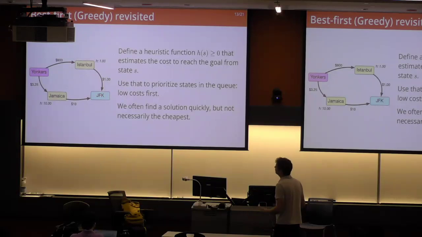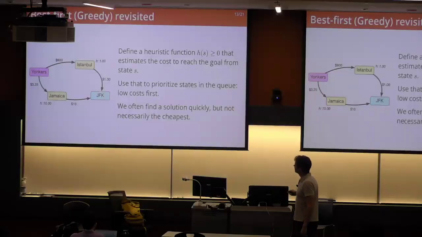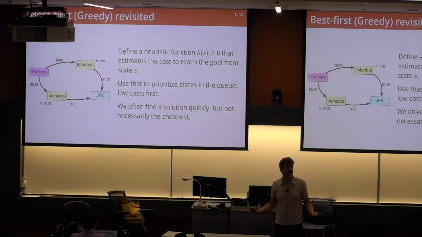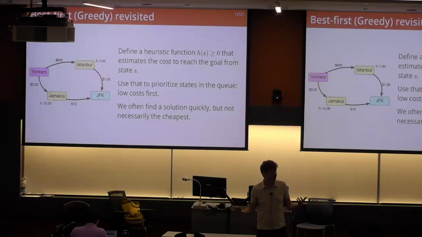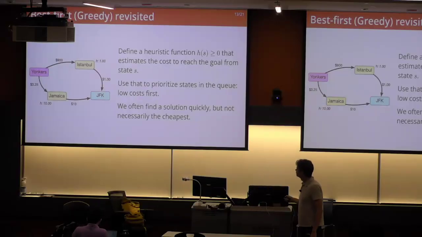Now, this is a really simple case. Usually there might be a whole bunch of nodes in between. So instead of knowing the exact price of getting from Istanbul to JFK, we would make an estimate. We'd use a heuristic to guess what that would be. But we still have the problem that we don't want to use just the guess from here to there.